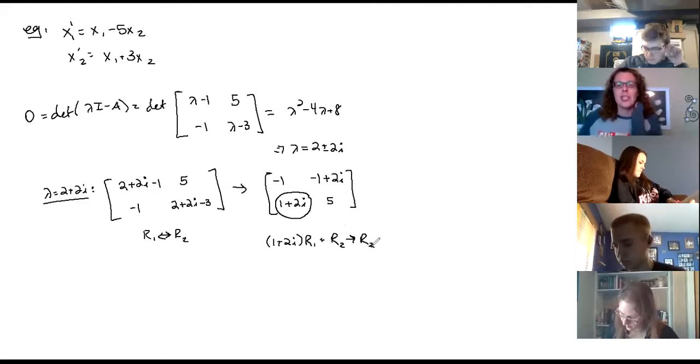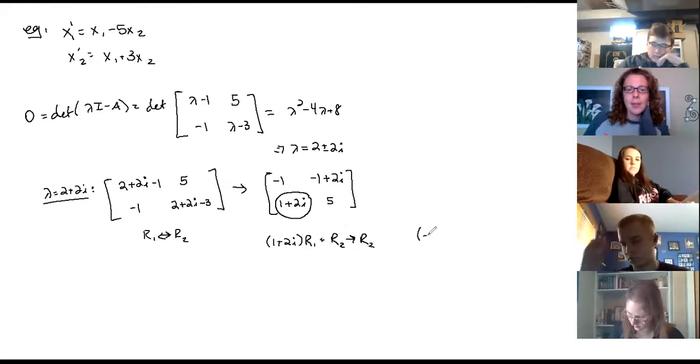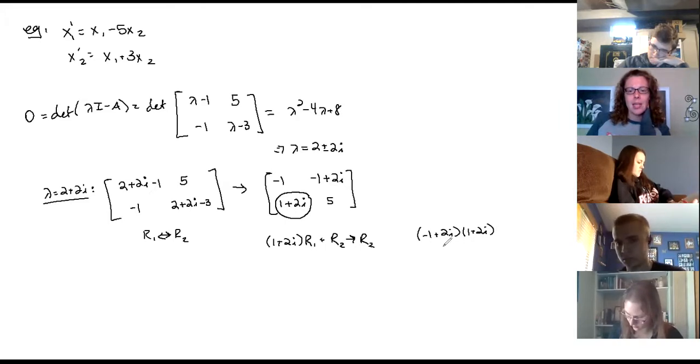And let's do a little bit of scratch work over here so we can see what comes up in the bottom right-hand corner. I am going to have negative 1 plus 2i times 1 plus 2i, right? That's the row 1 entry. So if we FOIL that out, we are going to get negative 1 plus 2i minus 2i plus 4i squared.